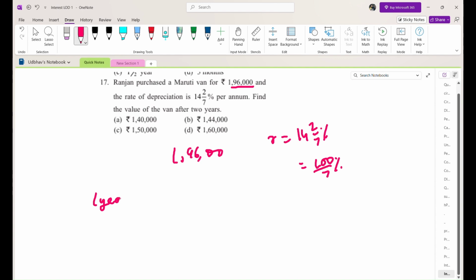So for the first year, after the first year, how much value will be depreciated? 100 upon 7% of 1,96,000, which will give us 1,96,000 divided by 7, which will give us 28,000.